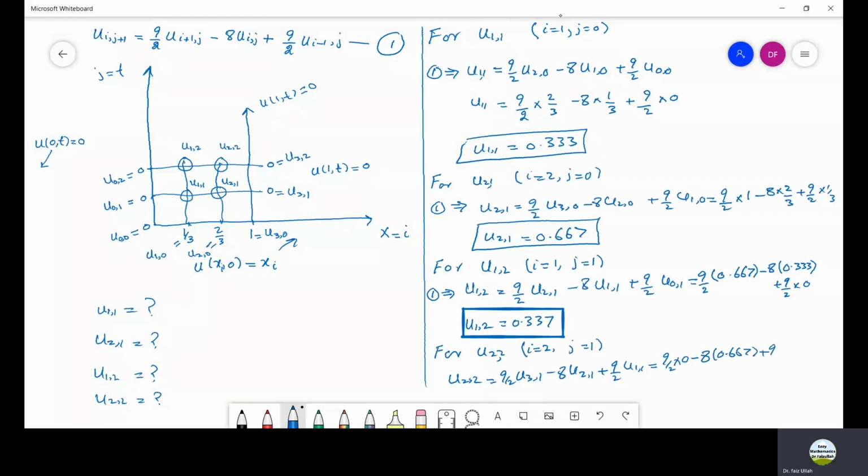Plus 9 by 2, the value of u1,1 which we have obtained is 0.333, and if we further simplify this, we get u2,2, which is equal to minus 3.837. So we have all the required 4 values. That's all.